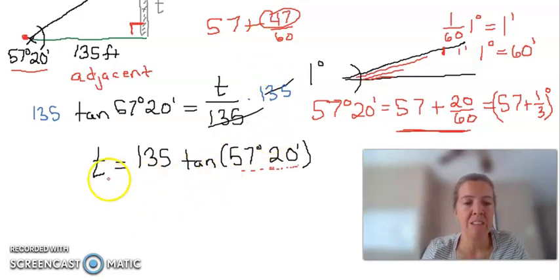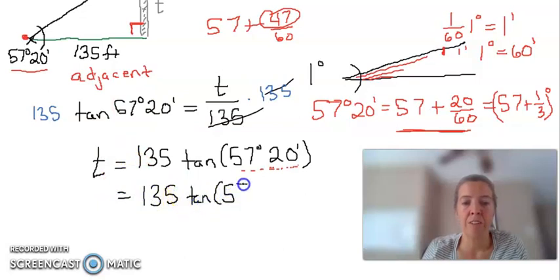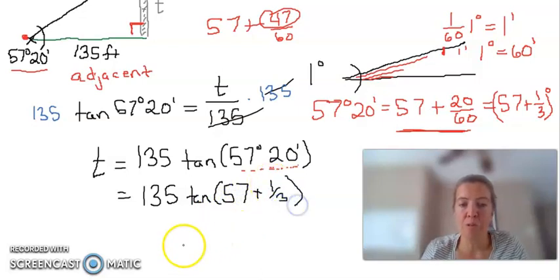So if I'm inputting this into the calculator, I would type it in as 135 times tangent of 57 plus 20 over 60, or if you want to reduce that to 1/3, whatever you prefer. Actually, I'm going to write it as 20 over 60, just so you have a template for whatever number of minutes you have in a problem. That's the way you could input it.